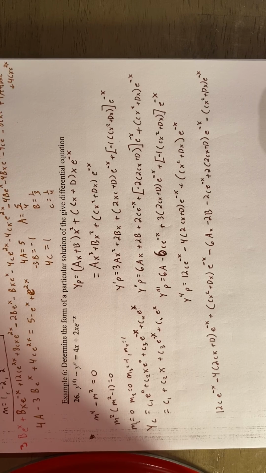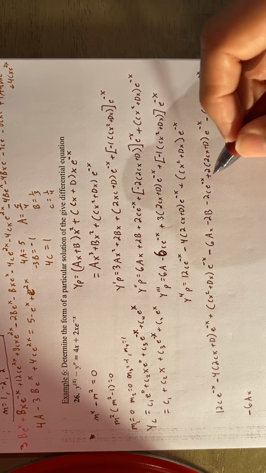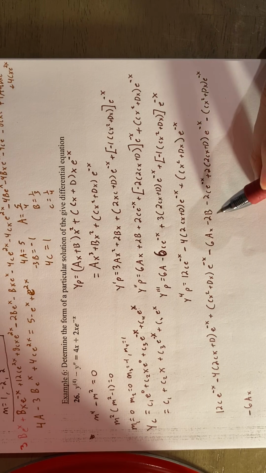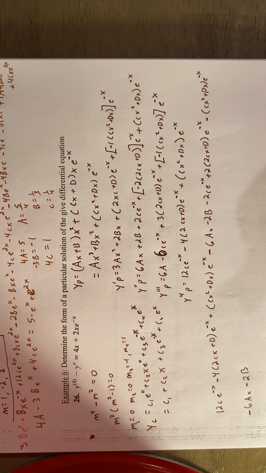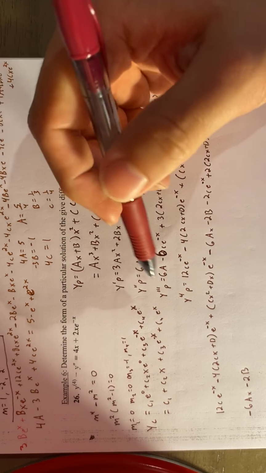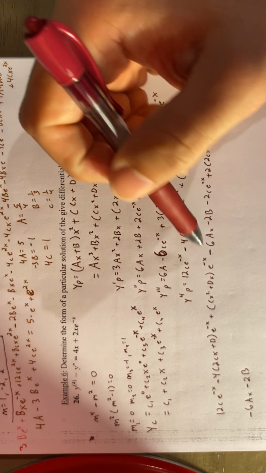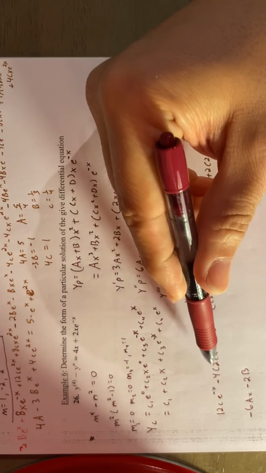Now I'm going to cancel out what I can, and when I see what's left, what's going to be left is a minus 6ax plus a 2b. Actually, it should be minus 2b. And then let's see what else will cancel out. So this minus 4 times 2cx plus d, that's going to cancel out to where we have minus 2.